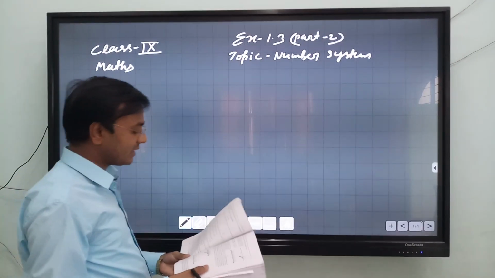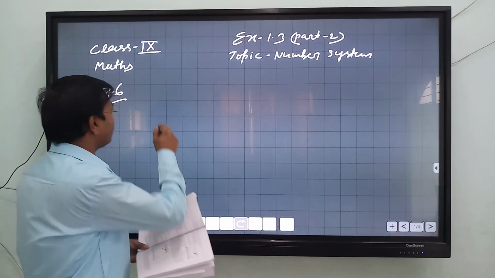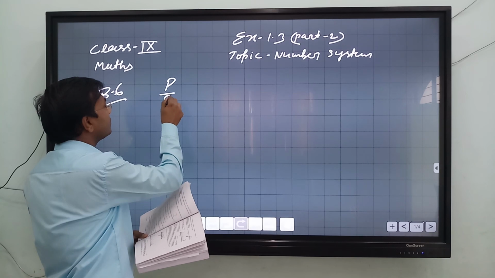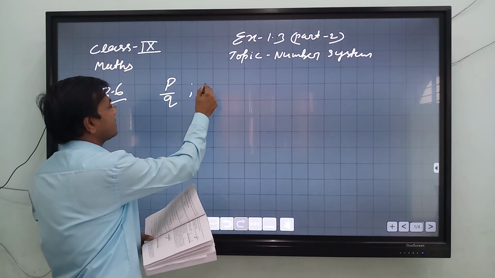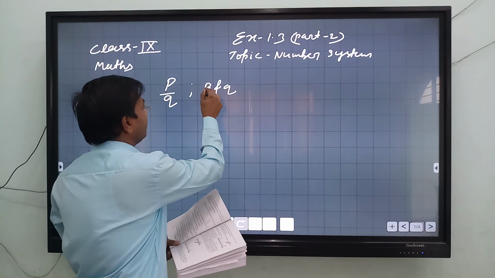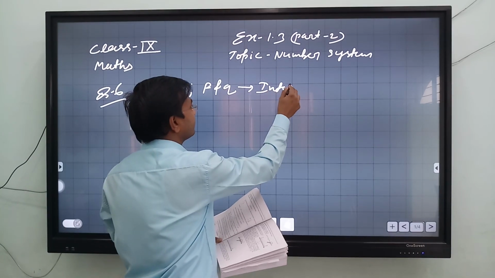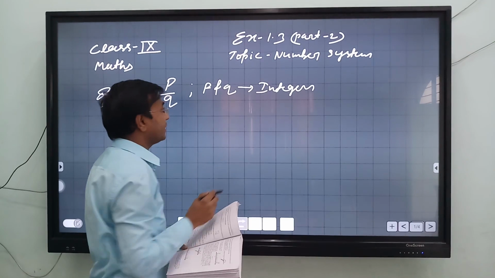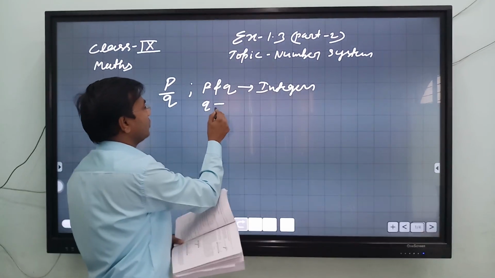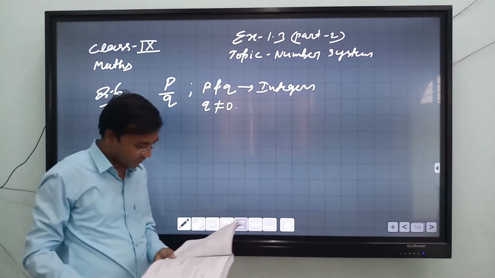Look at the several examples of a rational number p by q. p by q represents a rational number where p and q are integers, right? And q is not equal to 0.